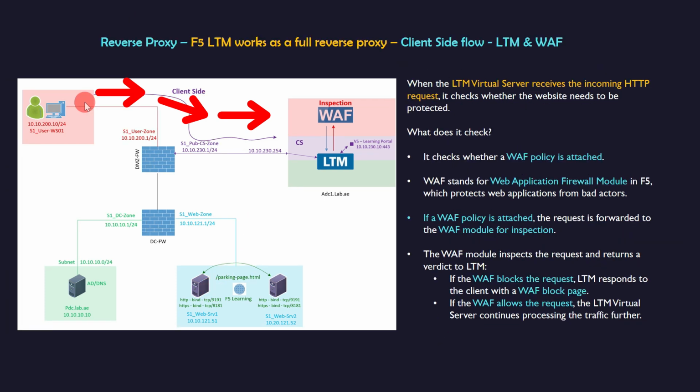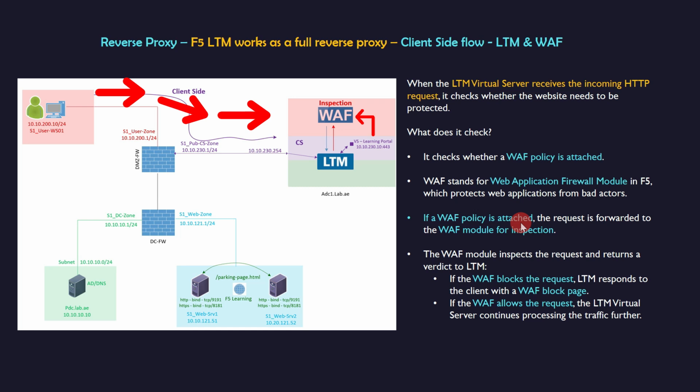When the LTM virtual server receives the incoming HTTP request, it checks whether the website needs to be protected. What does it check? It checks whether a WAF policy is attached to the virtual server. Okay, what is WAF? WAF stands for Web Application Firewall module in F5, which protects the web application from bad actors.